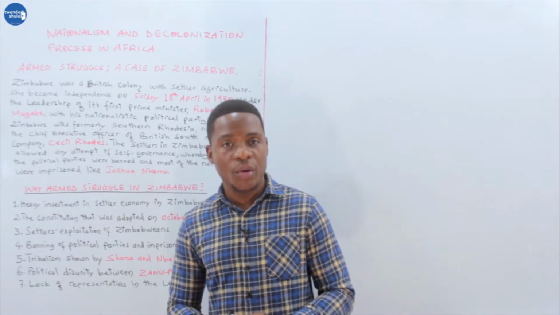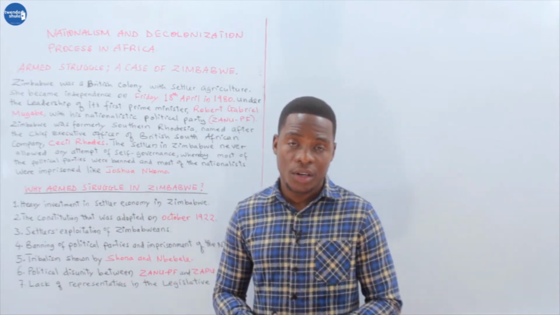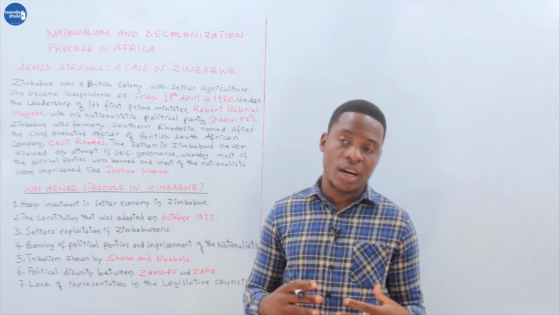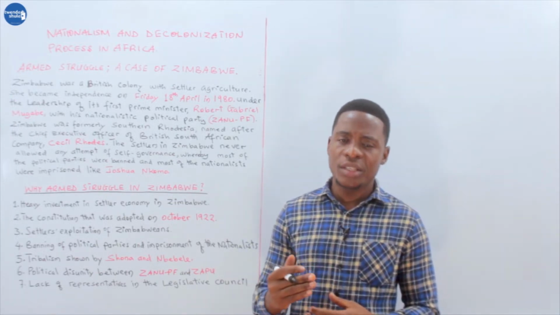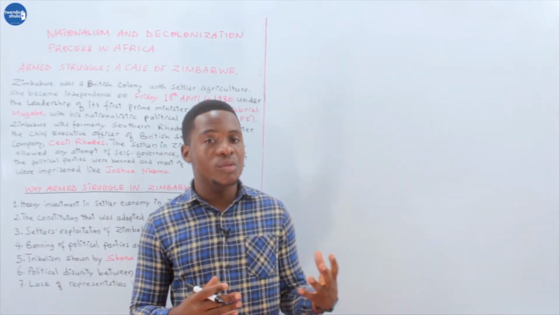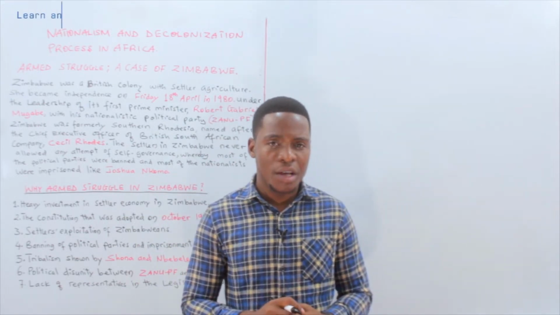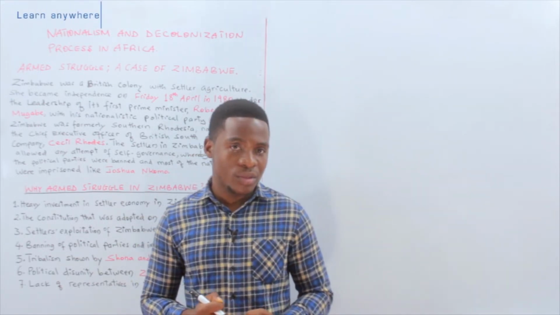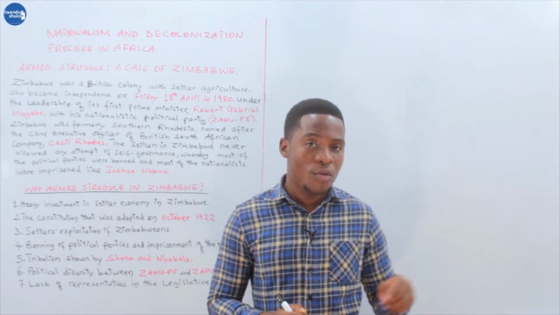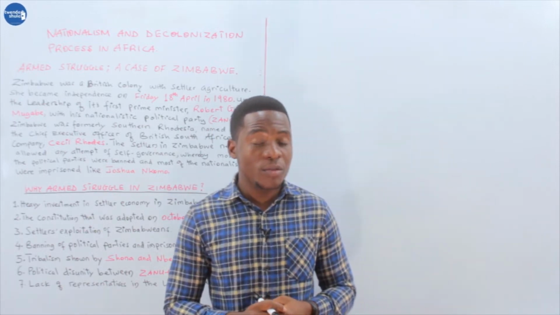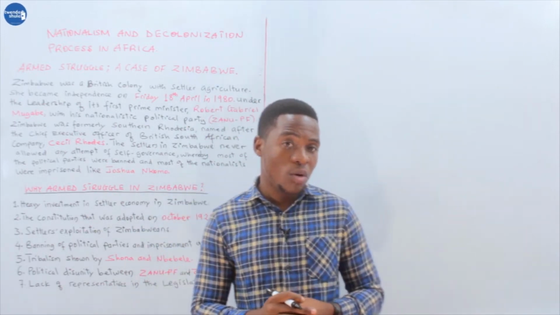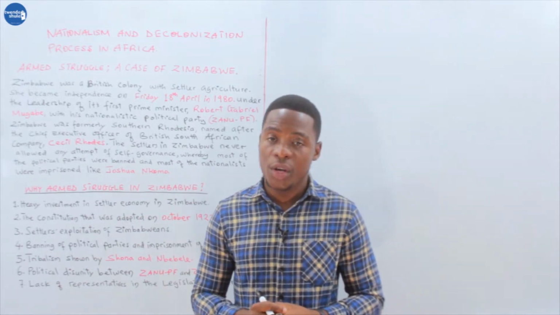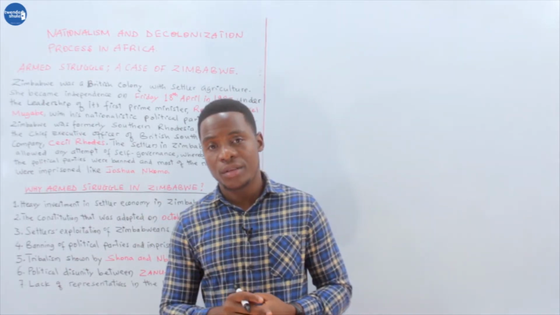The second method was armed struggle, whereby Africans got rid of colonial domination by taking up arms. They waged the so-called guerrilla war in order to get independence.